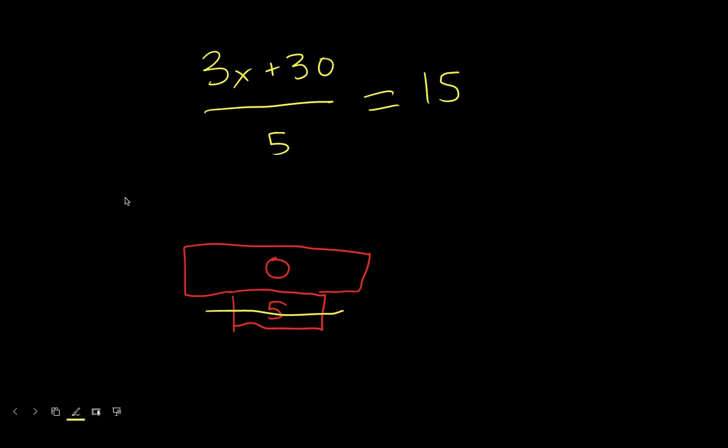And if this was like some kind of game where gravity is in play, if you were playing with blocks, 3x plus 30 would just fall down, and then that would be in the place. So it would be 3x plus 30 is equal to 15.